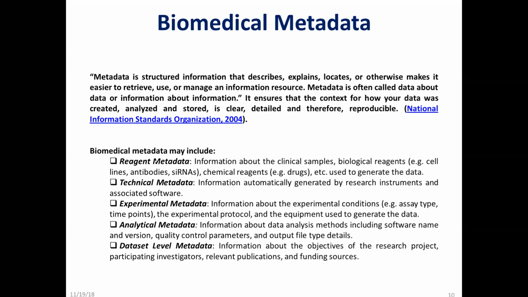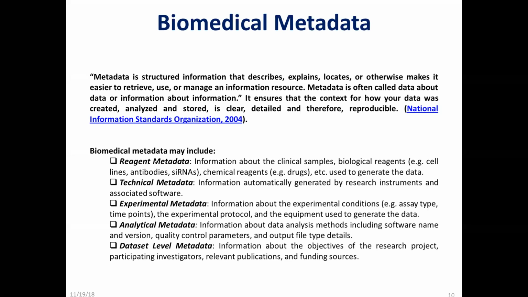Sometimes you can't have a tissue every day when you're working on cancer, so it's better to work on a cell line until you have a good result, then you can work on the real tissue. And then the antibodies, the chemical reagents, and even the drug, all these are considered biomedical metadata.